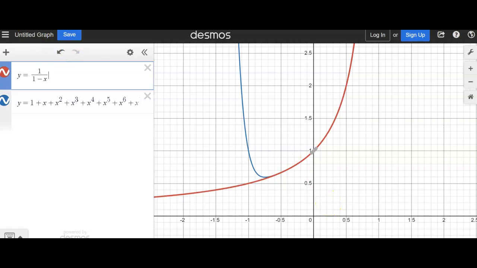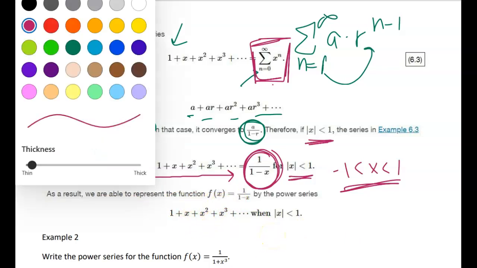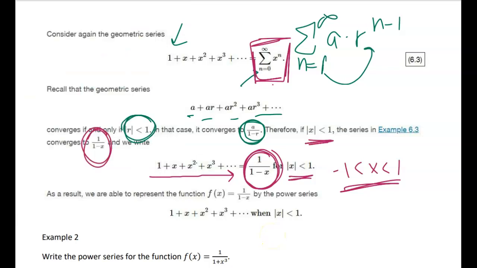Let's go back to our notes. Okay, so we are able to represent this function as the sum of those polynomials, and I want to just write it like this. I want to say, therefore, 1 over 1 minus x is actually equal to the series n equals 0 to infinity of x to the n.